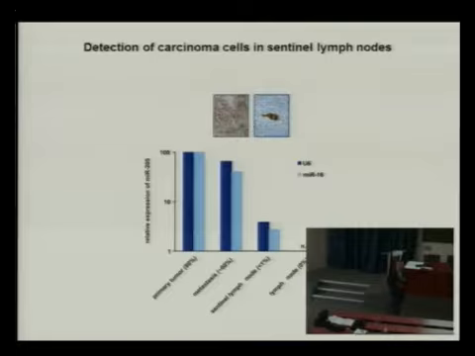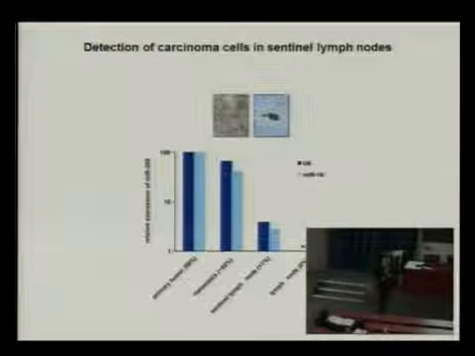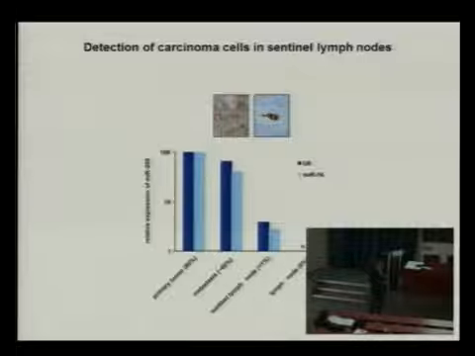And this is a problem because the whole lymph node is shaped like a soccer ball, and if you make a section from that, you either find the cell as a pathologist or you don't find it. In the case of carcinoma cells in a sentinel lymph node, you can take the whole lymph node and just grind it, make total RNA from it, and measure the microRNA 205, and it's easy to detect that, and this is shown here. And importantly, the microRNA 205 is not detected in lymph nodes.